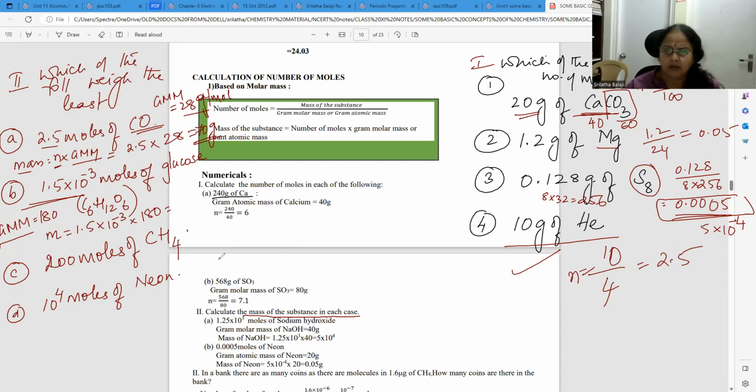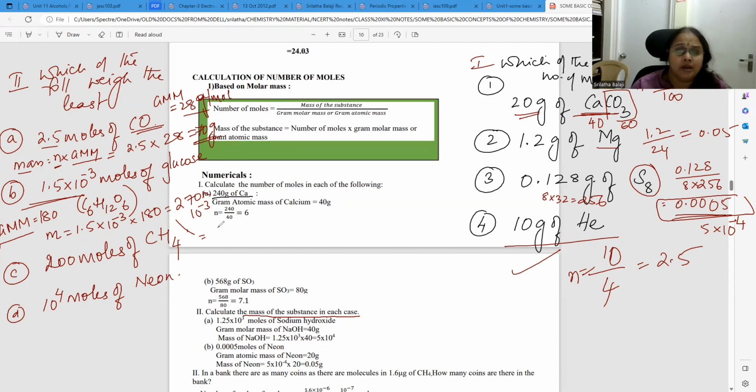Minus 3. Okay. 270 into 10 power minus 3. Can you arrange this in scientific notation? 0.27. No, scientific notation. What is scientific notation, Evelyn? After the first digit, you have to place a decimal, right?